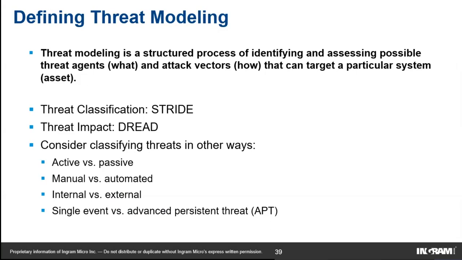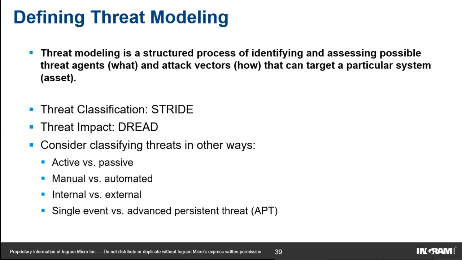It talks about different threats available, like spoofing, tampering, etc. STRIDE has a full form as well: spoofing, tampering, repudiation, information disclosure, denial of service, elevation of privileges, if I'm not wrong.